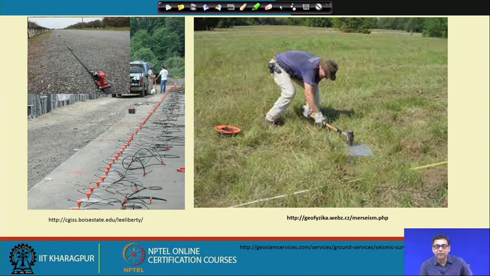Instead of measuring two waves, the receiver will measure the travel time of the first wave, the wave that reaches the receiver first. We call that the first arrival time of the wave. It can be the direct wave, the refracted wave, or the reflected wave, because in a refraction survey there is a possibility of reflected waves also.